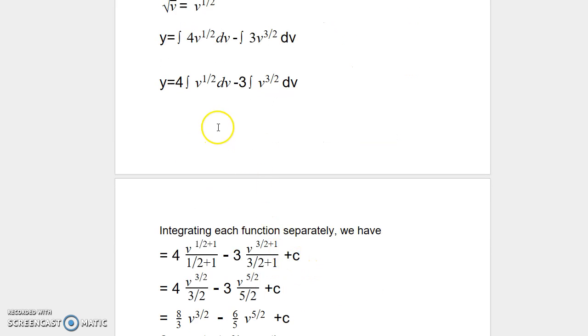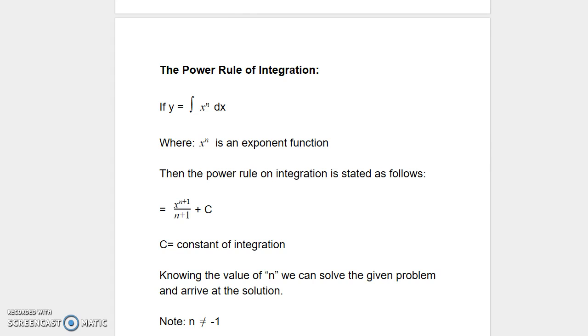Now it is in the form of a power rule, so we can apply the power rule to each one of these functions and arrive at the answer. Regarding the power rule, let us see what it states.